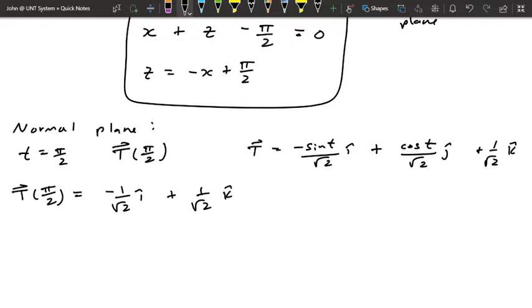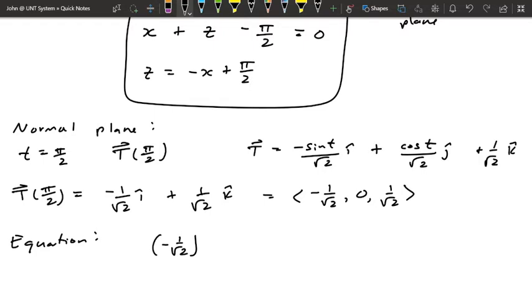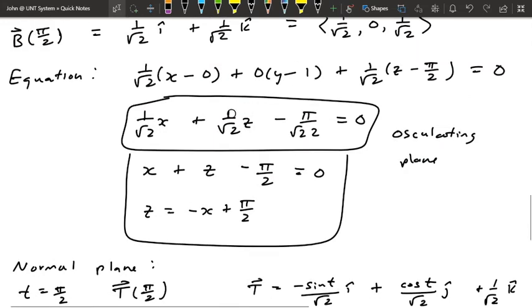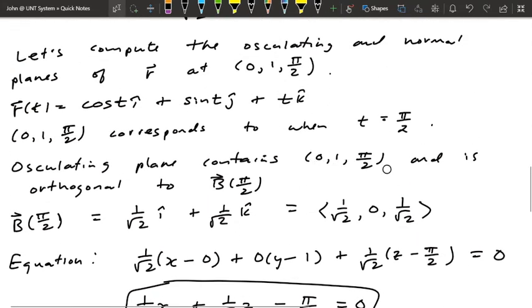Okay, so therefore the normal plane equation, using the standard equation for a plane, actually let me write this in vector form. All right, so it's going to be minus 1 over root 2 times x minus, I got to remind myself of the point we're looking at, which is 0, 1, pi over 2.